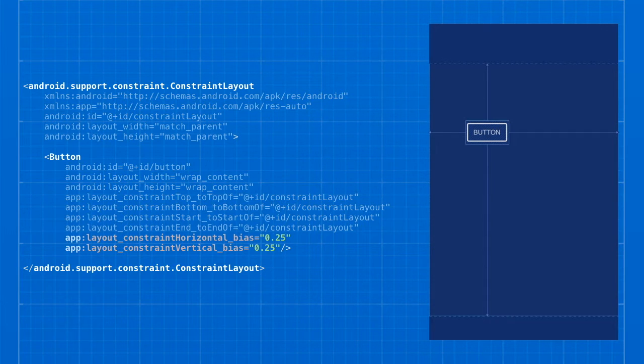Okay? It's a percentage of where along that line should the view actually sit. When it's not there, it defaults to 0.5, which is why you get exact centered right in the middle. Okay? But I could do something like this, where it's 0.25 in both directions, and it will shift to get that percentage up to wherever I place it.